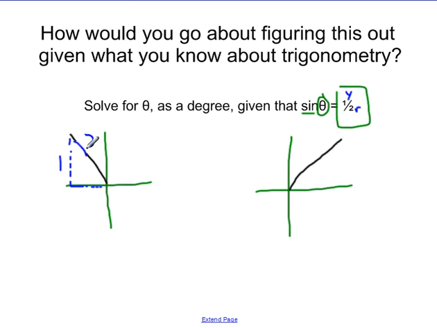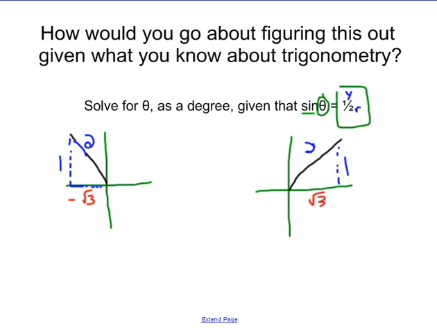How would I go about finding the missing side of this triangle? Hopefully by now you've kind of noticed a common theme. We use the Pythagorean theorem a lot. So you use the Pythagorean theorem, find that missing side length. So now what you have to do is you have to figure out what angle measure fits.